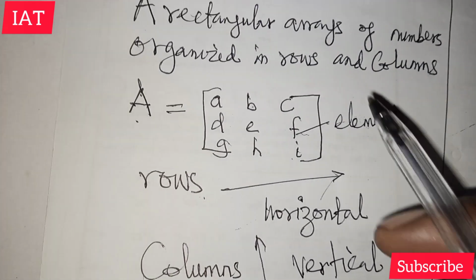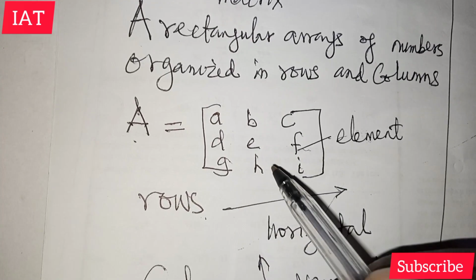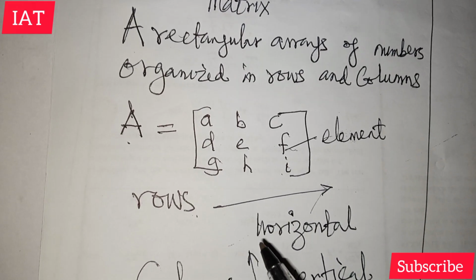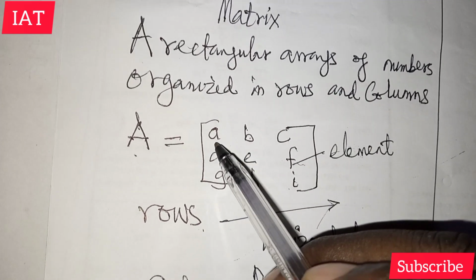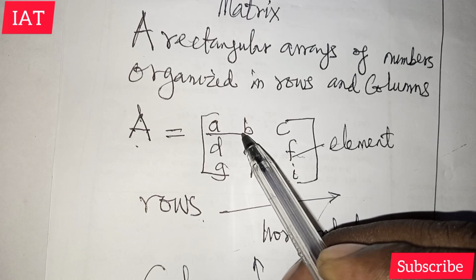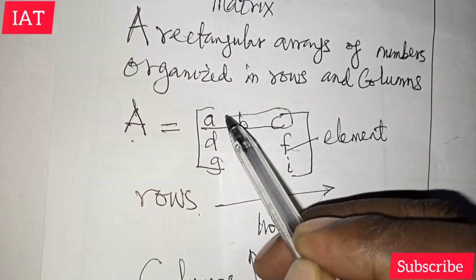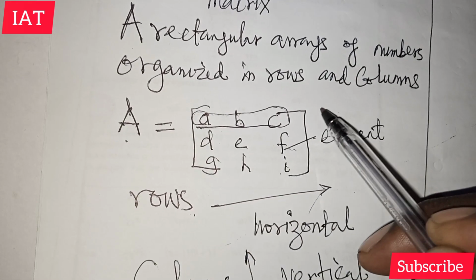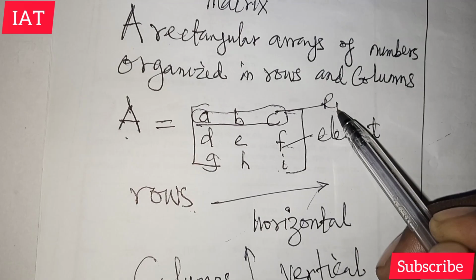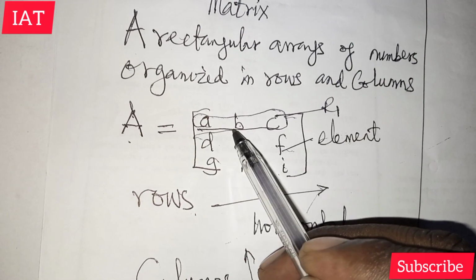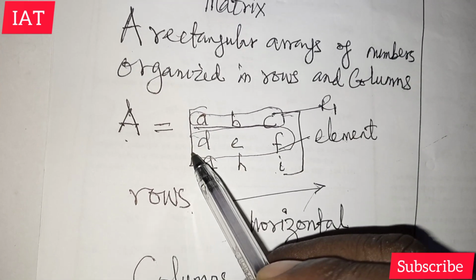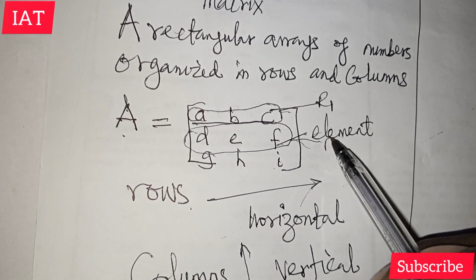All right, so for these numbers, which one is the row and which one is the column? It's very simple. Like in this case, we have all this one that is straight like this, arranged like this. We can just call this row 1. This one also, you can call it row 2.